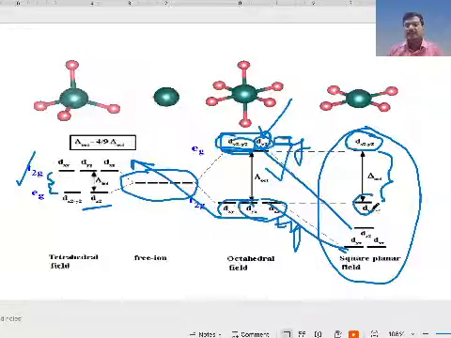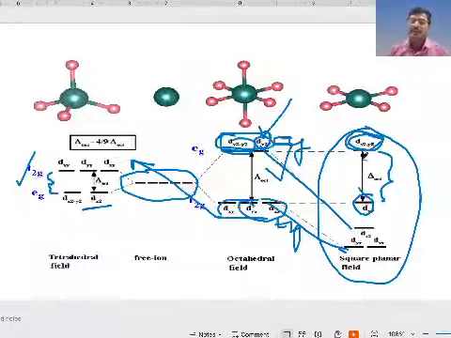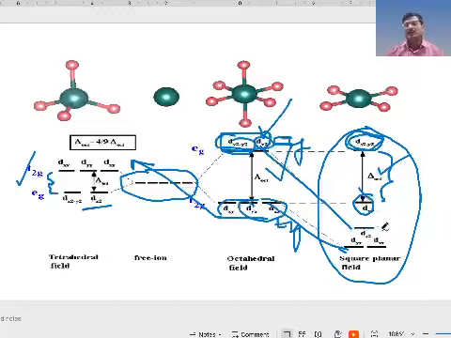There is no change in the xy and dx square y square energy. That's why the energy gap between these two is equal to delta octahedral only. But these two are decreasing. Due to that, you get a total of 4 energy levels in the square planar splitting. So this is about the crystal field splitting of three different geometries: tetrahedral, octahedral and square planar.